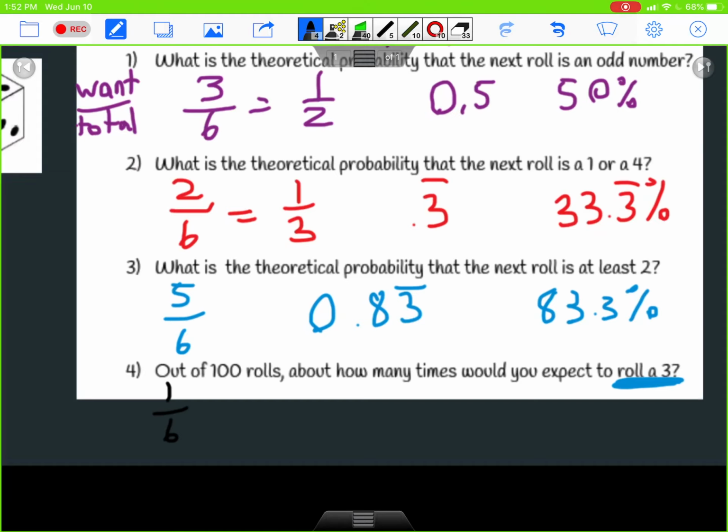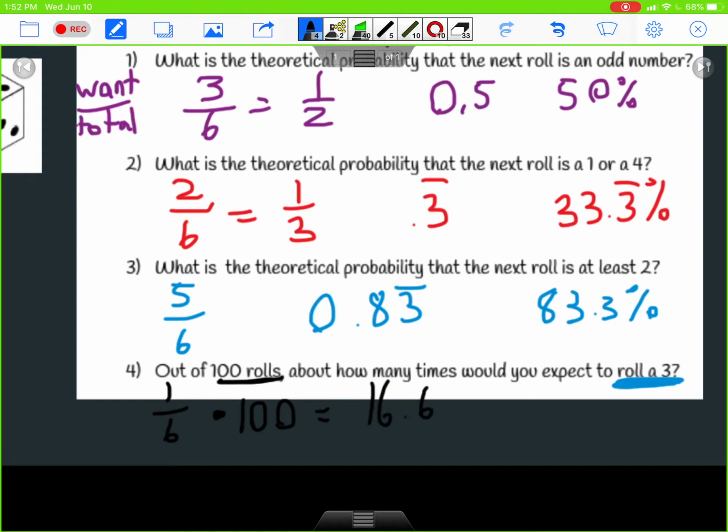Once I have that fraction, it's saying out of 100 times, how many times do I think it's going to be a 3? So all I do is take the fraction I just got and multiply it by 100, which is the number of rolls they want me to try. You can use your calculators for this to make it a little easier.